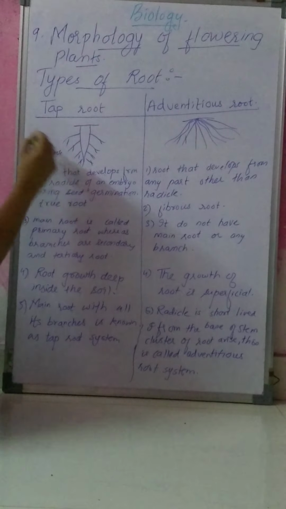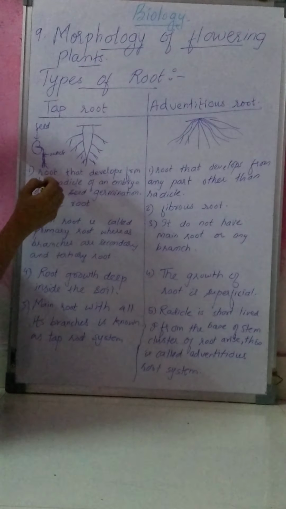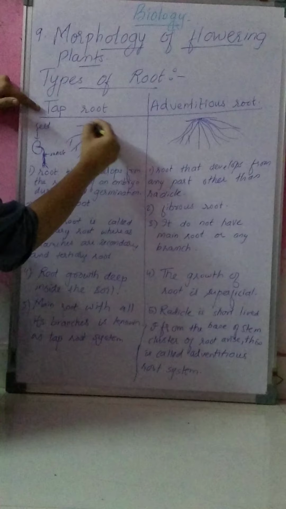From the embryo the radical arises, and from that radical later on the root arises. So that type of root is known as taproot.